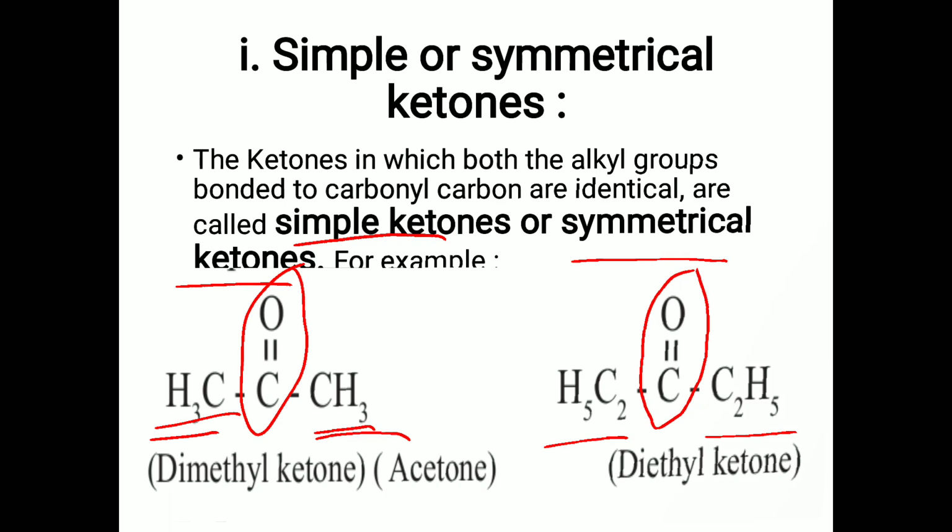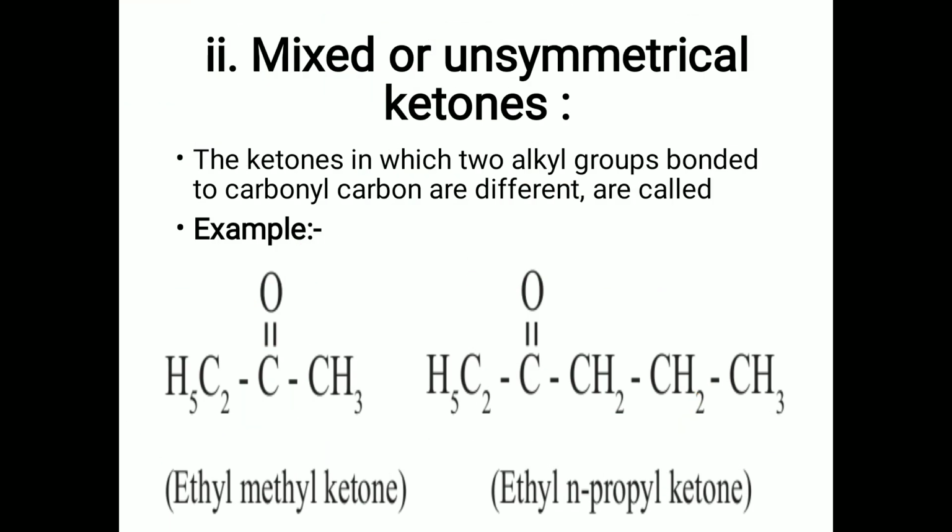Now we study what is meant by mixed ketones or unsymmetrical ketones. The ketones in which the two alkyl groups bonded to the carbonyl carbon are different, that means they are not identical, are known as mixed ketones or unsymmetrical ketones.